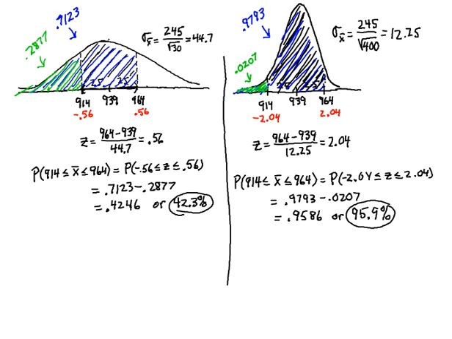We can see that in our probabilities that we calculated. For samples of size 30, 42.3% of those sample averages would be within $25. But for samples of size 400, 95.9% of the sample averages calculated from them would be within $25. This is a common sense issue.